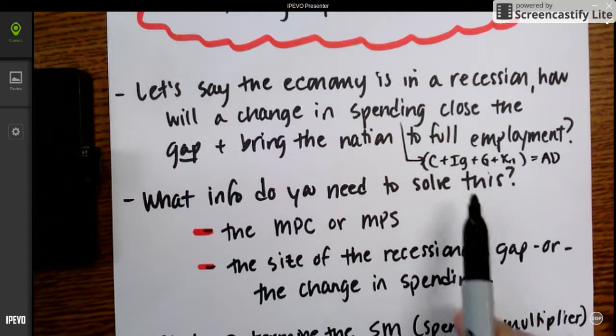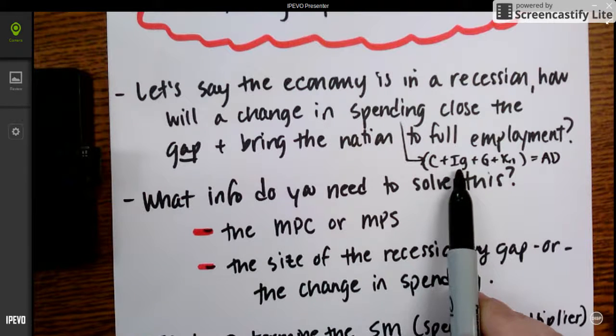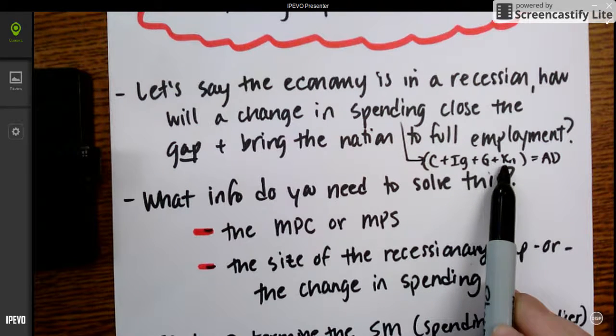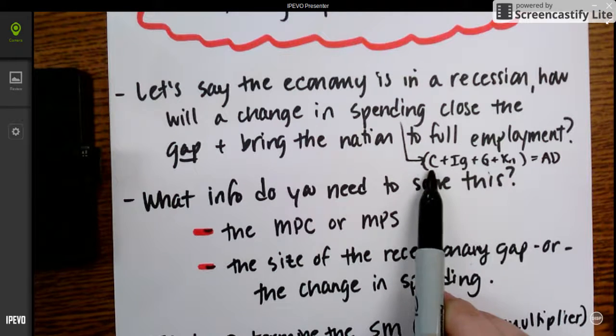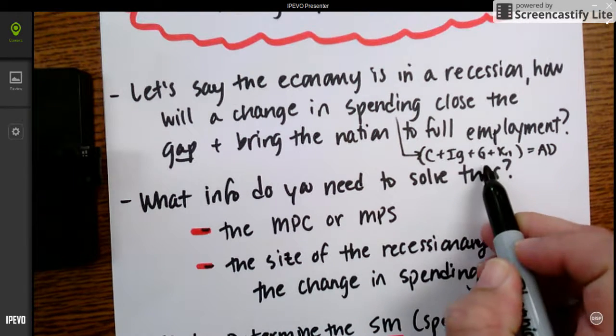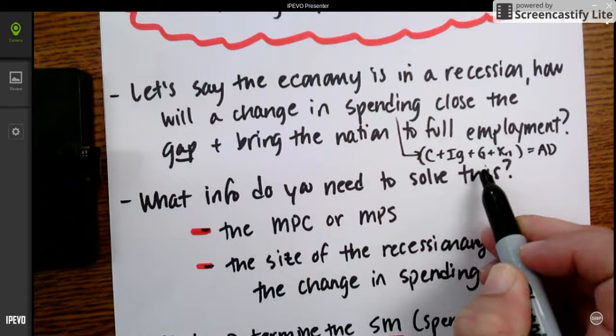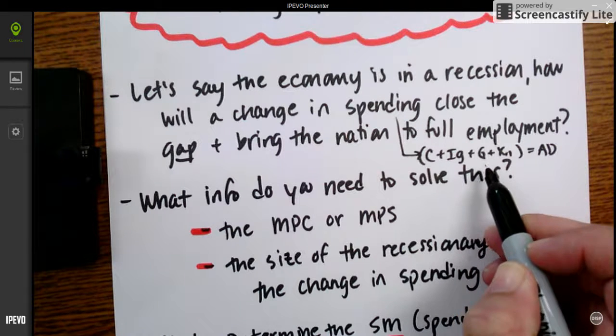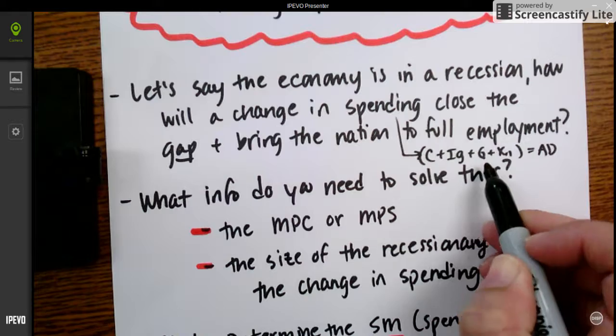So theoretically, you could have a change in business spending. You could have a change in our imports and our exports. You could have a change in consumer spending. But ultimately, for this example today, I'm going to use government spending because it's the most common that we're going to be given as a problem in our class.